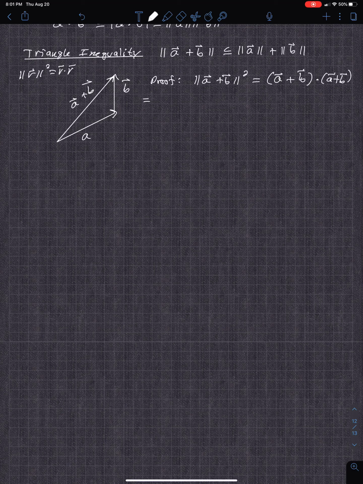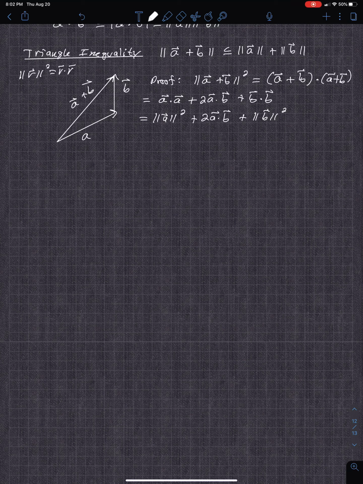You'll get A dot A plus 2 A dot B plus B dot B. And then A dot A is magnitude A squared, plus 2 A dot B, and B dot B is magnitude B squared.